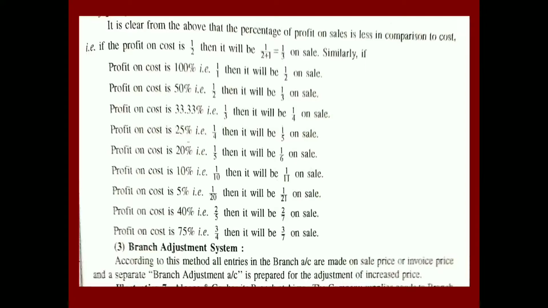Profit on cost is 40%, that is 2/5, then it will be 2/7 on sales. And last, profit on cost is 75%, that is 3/4, then it will be 3/7 on sale.